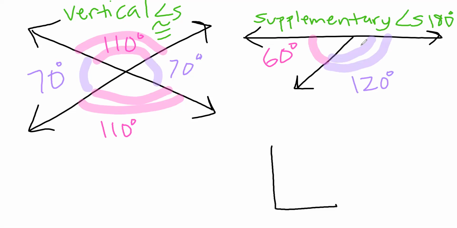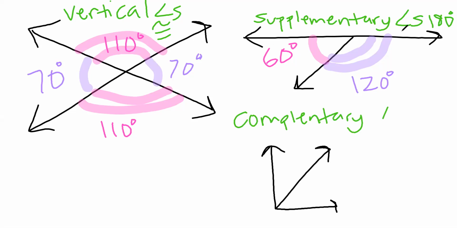One of the other angles that we have are complementary angles, which, if you recall, are angles that add up not to 180, but to 90. They add to 90, which is a big deal because 90 is a right angle. I can show that by making a little square in the corner there.